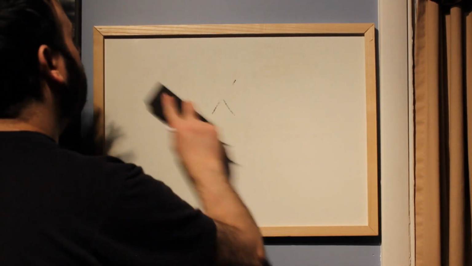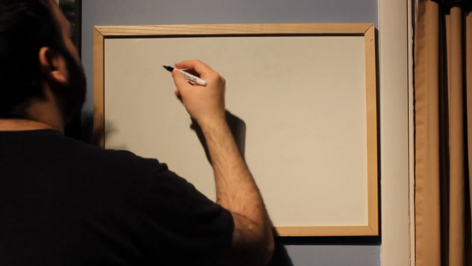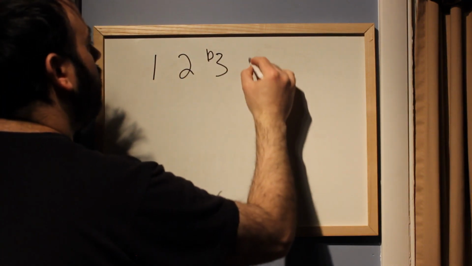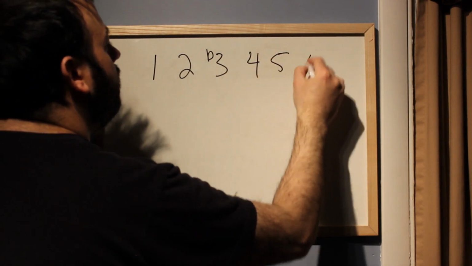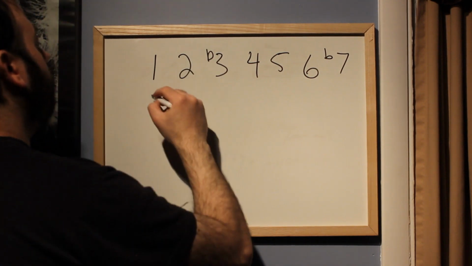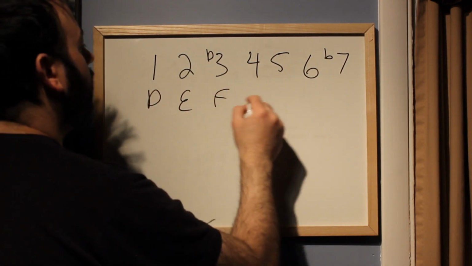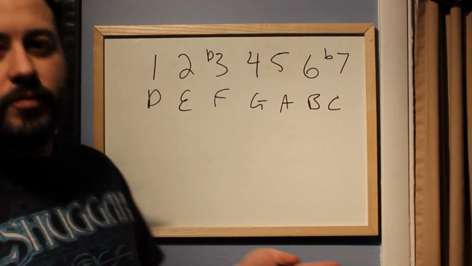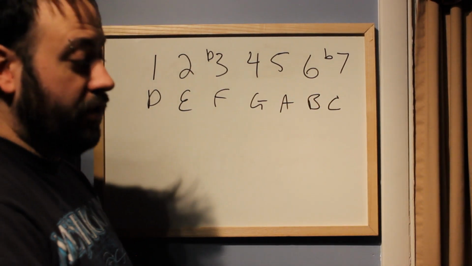So D Dorian is built 1, 2, flat 3, 4, 5, 6, flat 7. In D, the notes would be D, E, F, G, A, B, C: the second mode of C major, D Dorian.